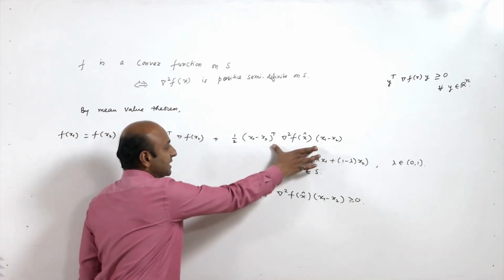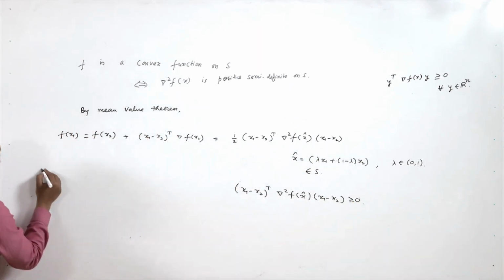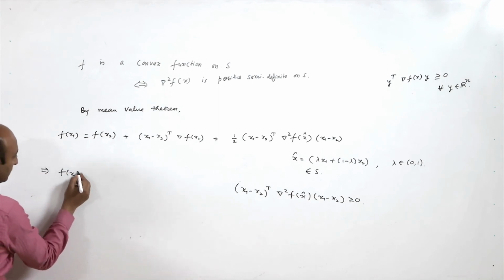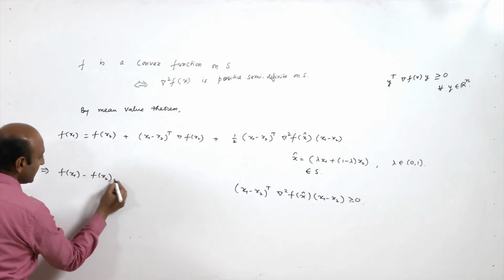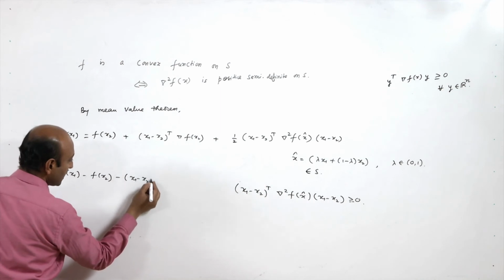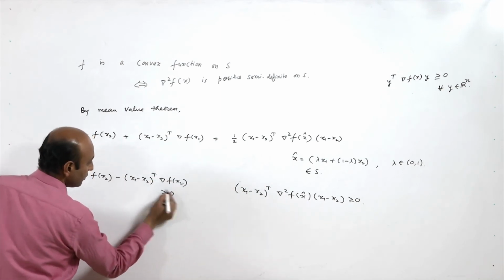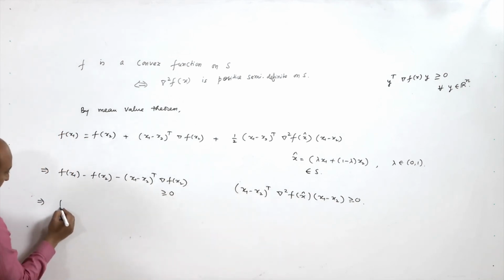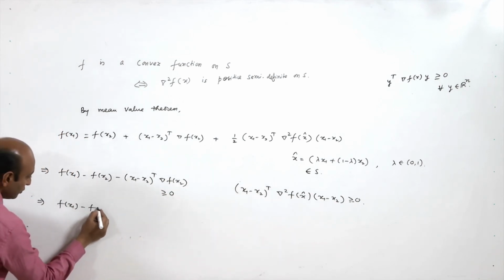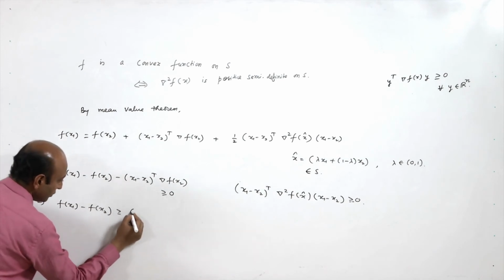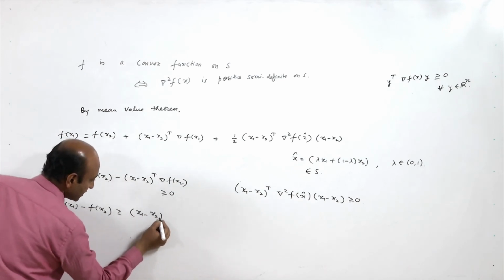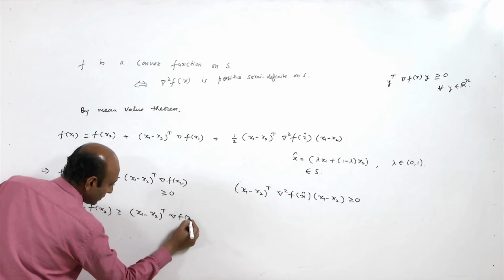Now, this quantity being greater than or equal to 0 implies that f x1 minus f x2 minus x1 minus x2 whole transpose gradient f x2 is greater than or equal to 0. So, this implies f x1 minus f x2 is greater than or equal to x1 minus x2 whole transpose gradient f x2.